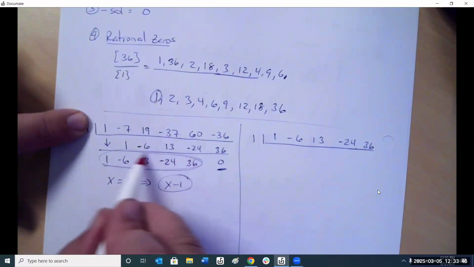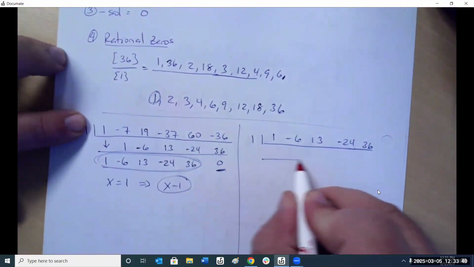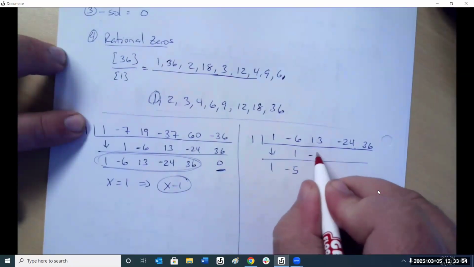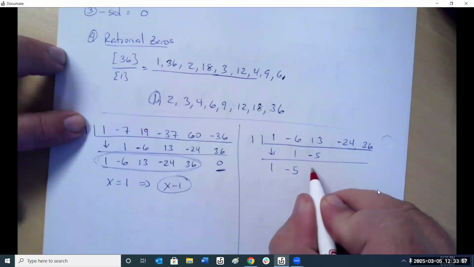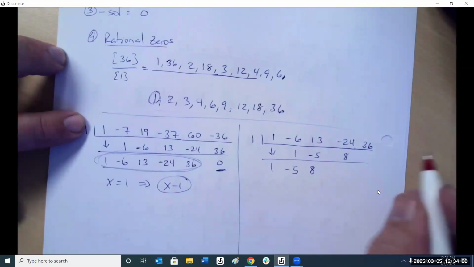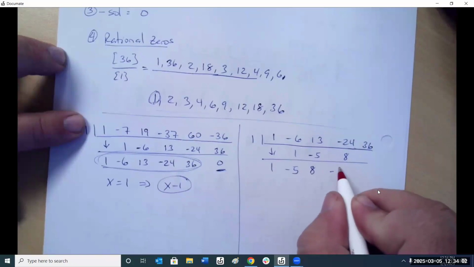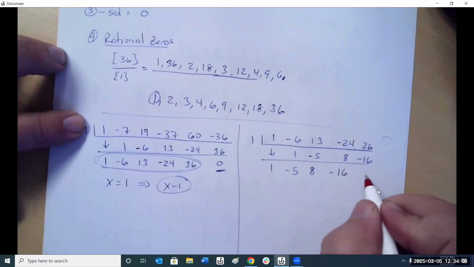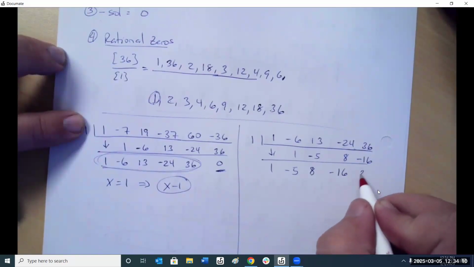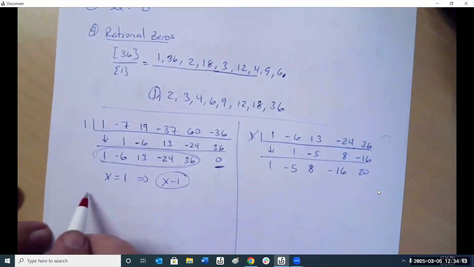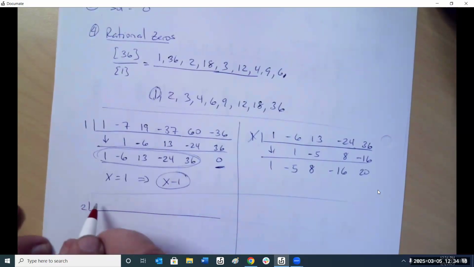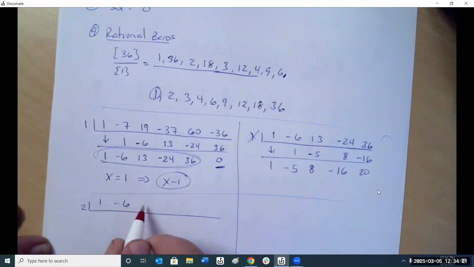Just go back to what you have left in your equation. Right, 2. 1, -6, 13.